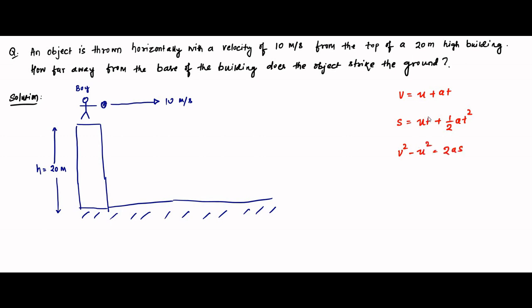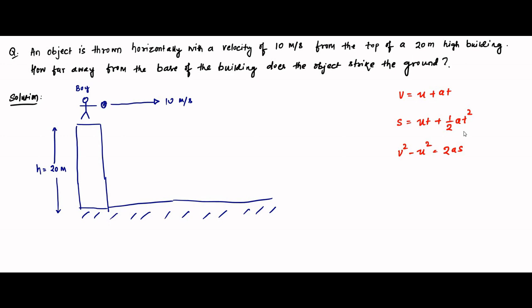Here u stands for initial velocity, v stands for final velocity, a for acceleration, s for displacement, the net change in position, and t is the time instant from the point where the observation starts.